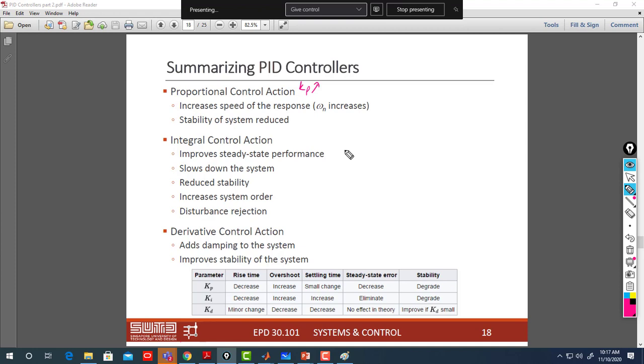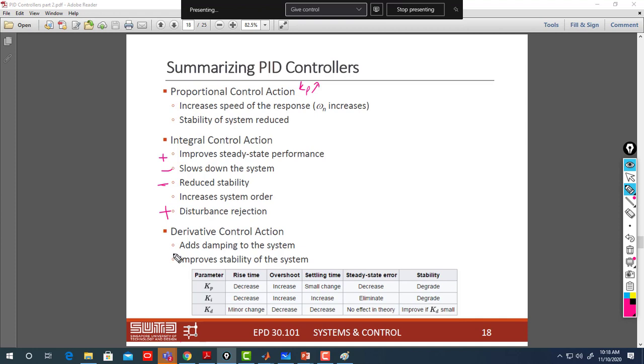So it improves the steady state error in any case. It slows down the system, we saw that. It reduces the stability, it increases the system order, and it rejects disturbance. So some plus, some minus, right?